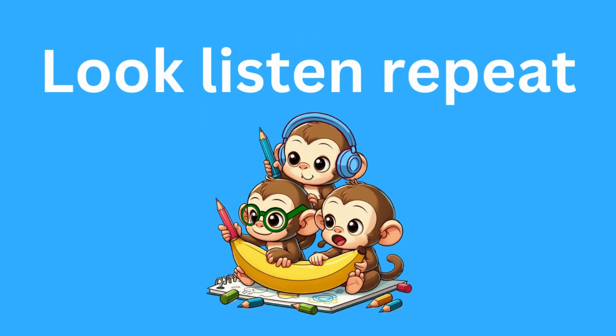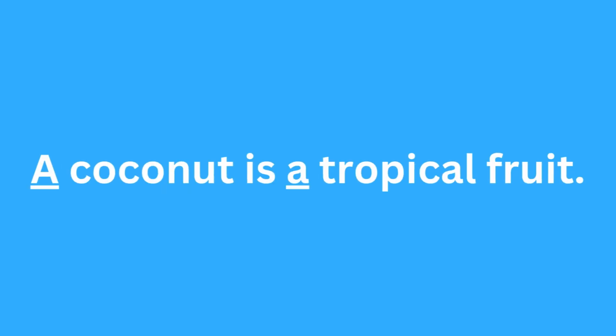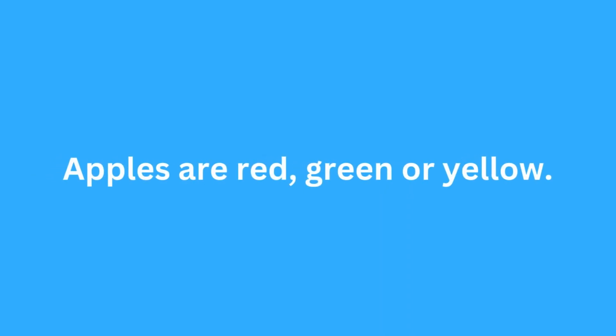Look, listen, repeat. An orange is a tropical fruit. A coconut is a tropical fruit. Apples are red, green, or yellow.